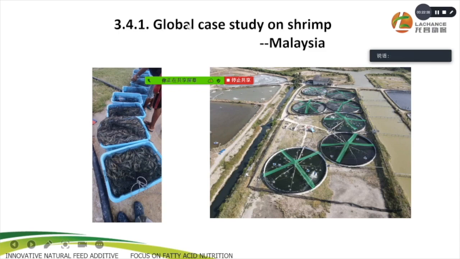And I also like to share some global cases, because now we export to 45 countries, from Europe, from Latin America, South Asia, actually the whole of Asia. This is from Malaysia. This is our model farm.